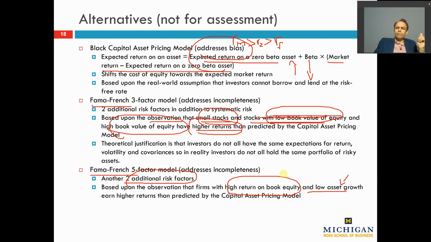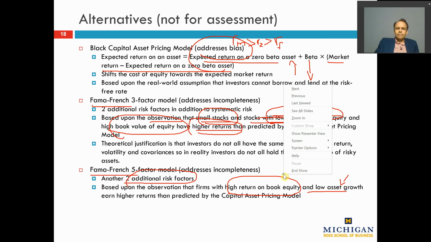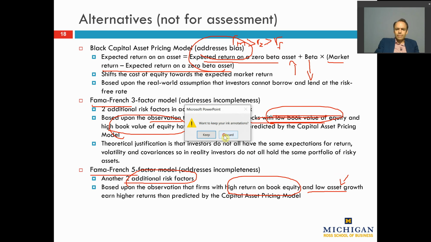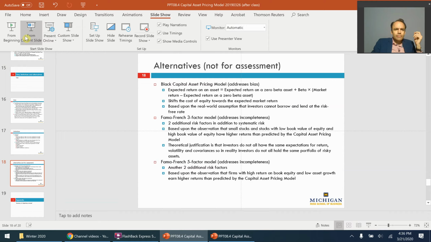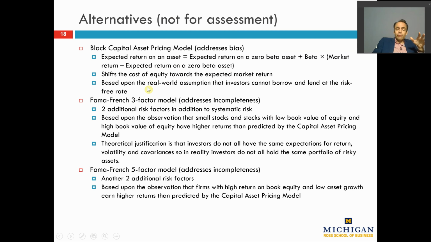Firms that are highly profitable seem to earn higher returns than predicted by the model. Firms that are highly profitable in terms of return on book equity also seem to earn higher returns than predicted by the capital asset pricing model. And the label that Fama-French assigned to those was robust firms.